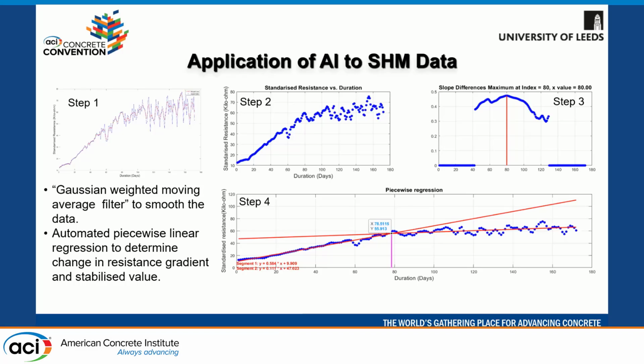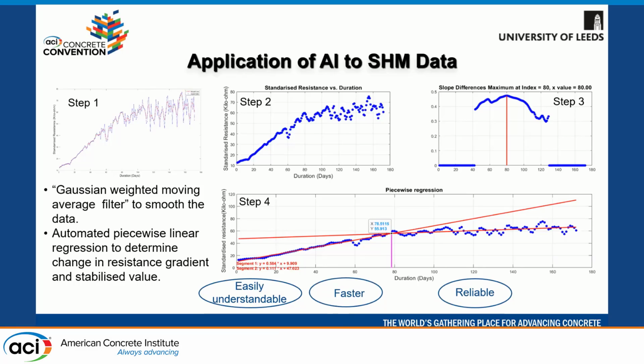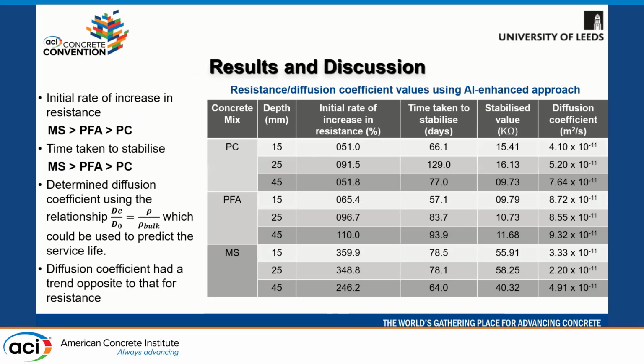In step 4, it shows the ultimate breakpoint, which depicts the stabilized value of resistance and the time taken to stabilize that resistance value. The slope of segment 2 shows that resistance is still increasing, but at a slower rate. So this approach is easy to understand, faster, reliable, and easily interpretable.